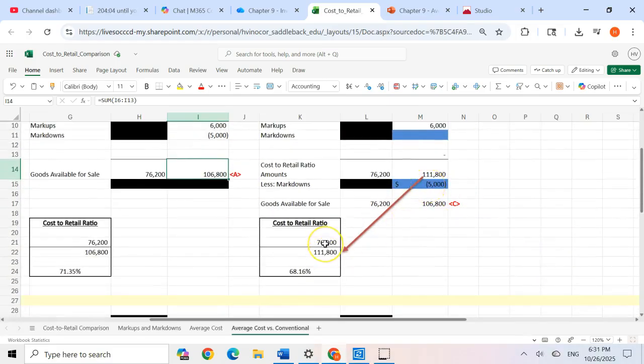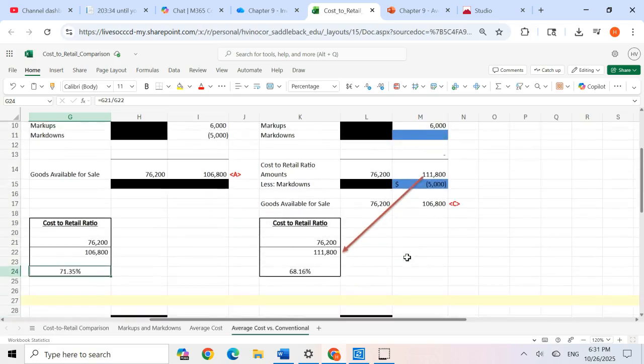So now I calculate my cost to retail ratio for the conventional method, and I have my 76,200 for my numerator, 111,800 for the denominator, and so my cost to retail ratio is 68%. So you can see that the cost to retail ratio under the conventional retail method is going to be lower than the average cost method. And that comes into play in a little bit.